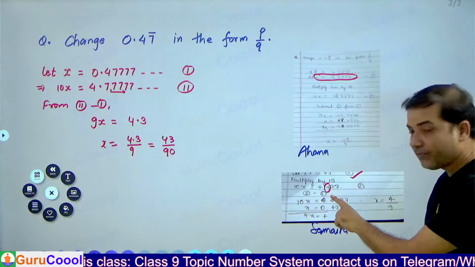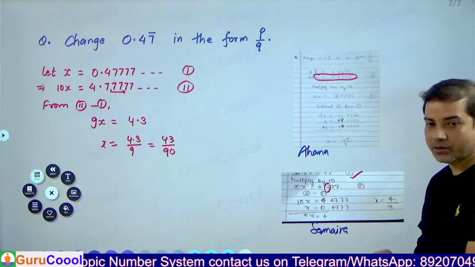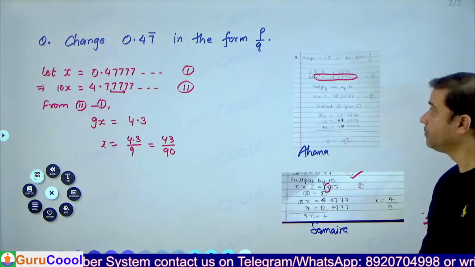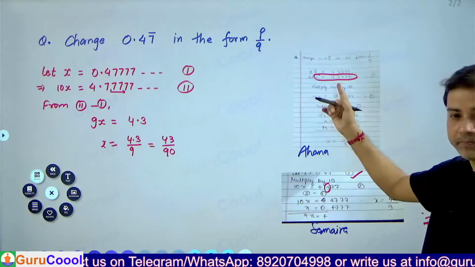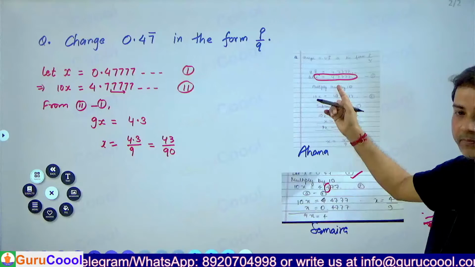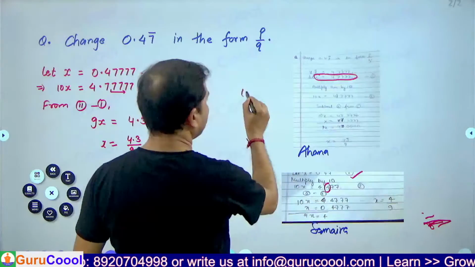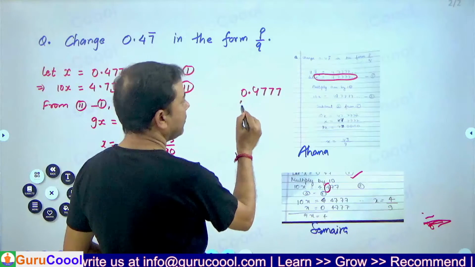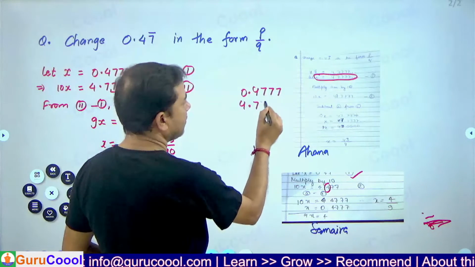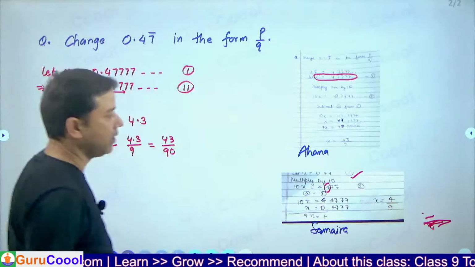But another 4 you have written on the right side also. That is extra, and that's wrong. And Ahana, did you get your mistake? Yes. Instead of writing 0.4 then 777, you have written 4.777, a different number. Be careful.